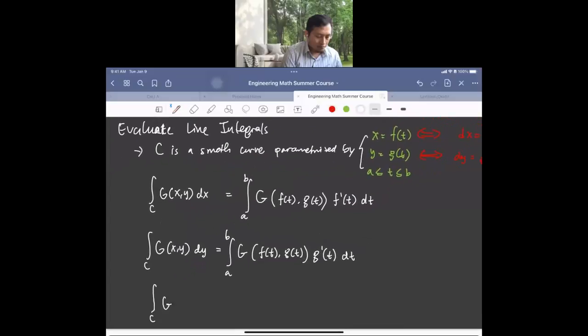And then the last part, the evaluation we can also write using the arc length, the ds. Using the arc length, this is the square root of f prime t squared plus g prime t squared, and then dt.